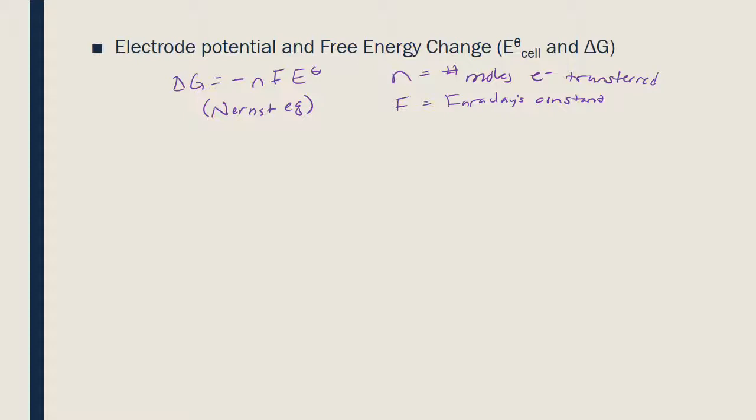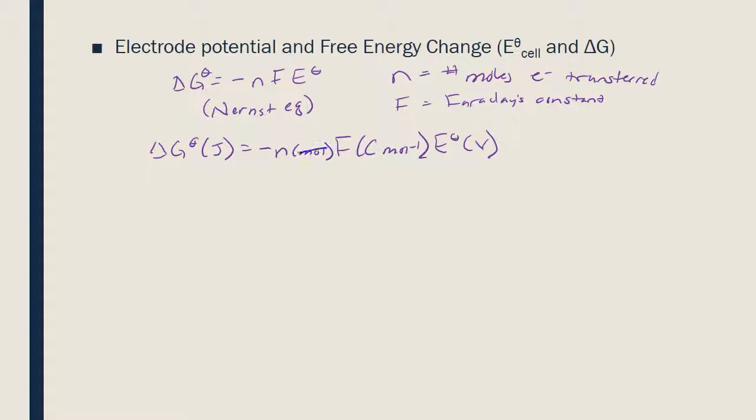So going through and looking at this, if we have delta G theta, its units are joules. Negative n, which is moles, times F, which is coulombs per mole, times E theta, which is volts.